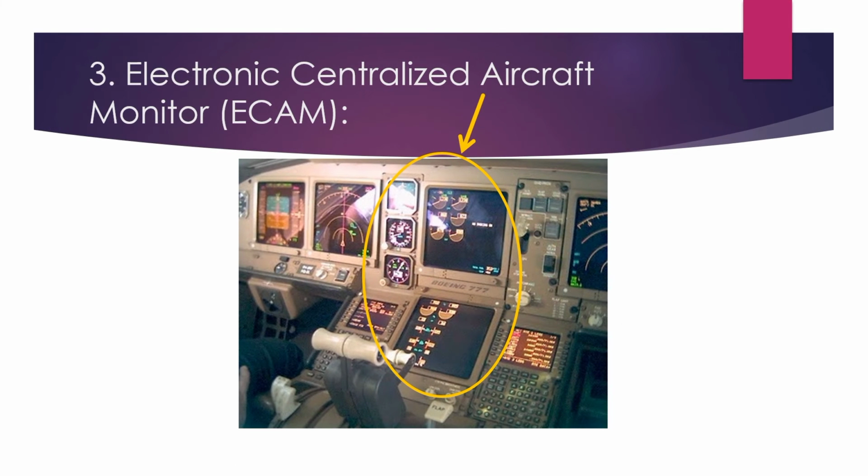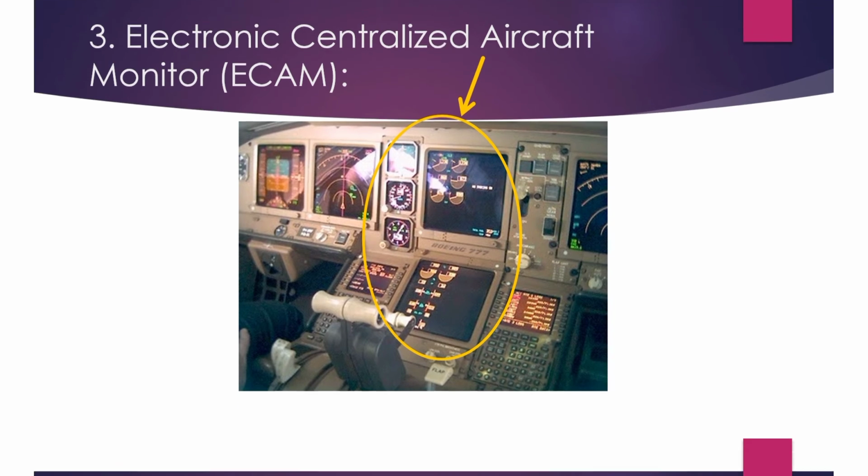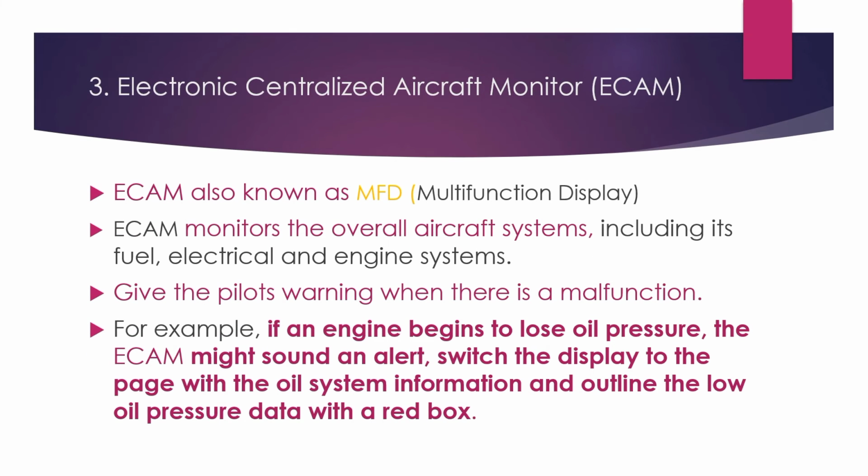Next of all, see the electronic centralized aircraft monitor, ECAM. Electronic centralized aircraft monitor is also known as MFD, multifunction display. It monitors the overall aircraft systems, including fuel, electrical and engine systems, and gives the pilot a warning when there is a malfunction.